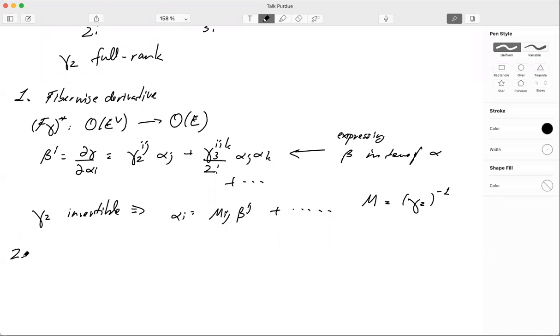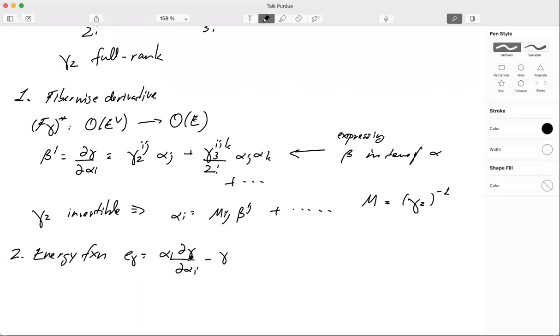Okay, so step number 2 is to write down this energy function. So the energy function was, remember, and I'm going to use some summation conventions, alpha I d gamma d alpha I minus gamma, right?